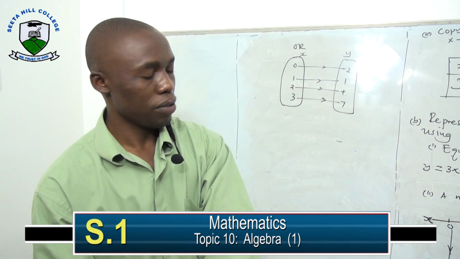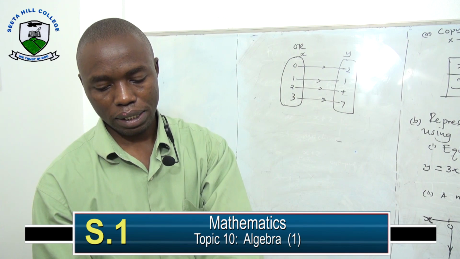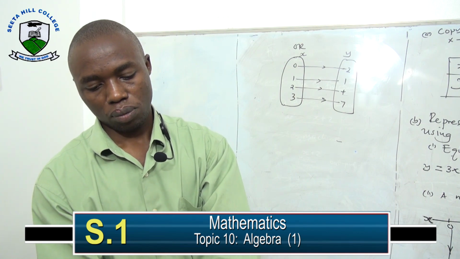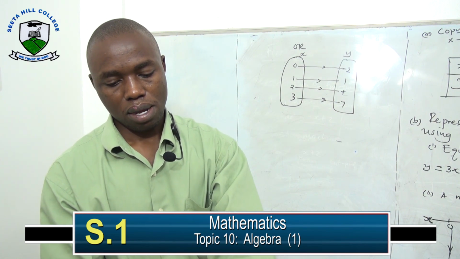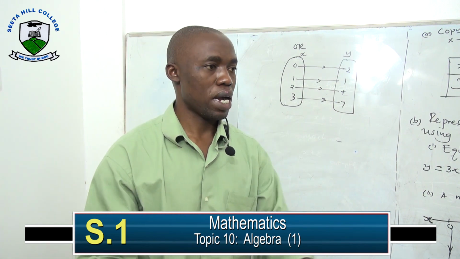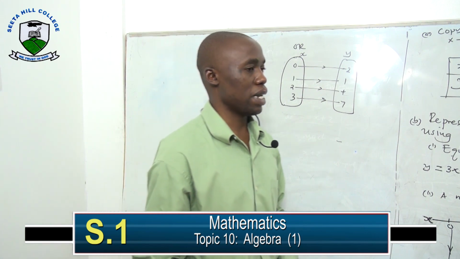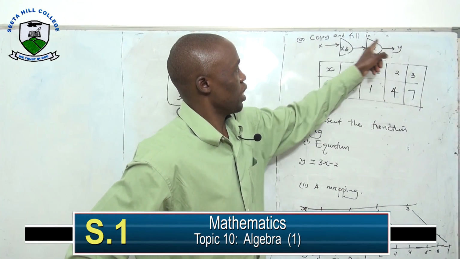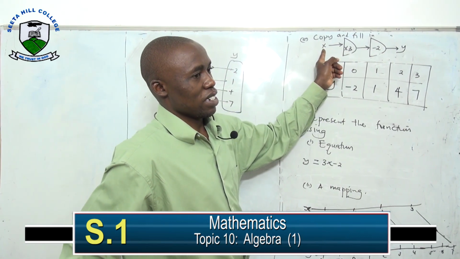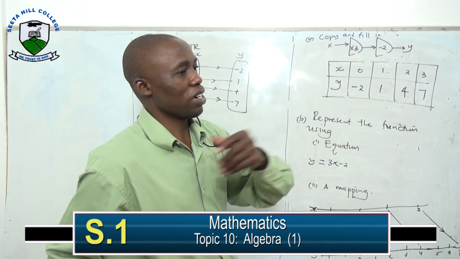Sometimes you can have the value of y, but you need it back as x. If you have this answer here and you wanted to get x within a function machine, what would we do?